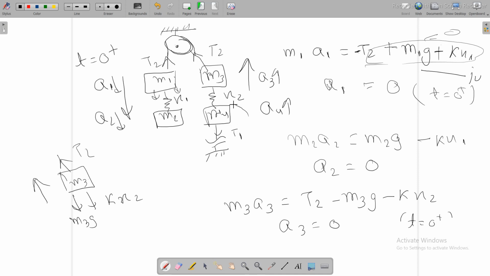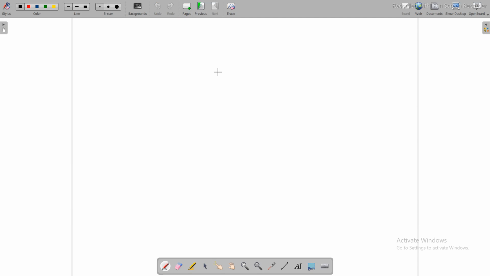Now for this condition, the sudden change occurs in the block of mass m4, because we know that t1 is cut off. Therefore, the forces are kx2 and m4g, and the acceleration is a4.